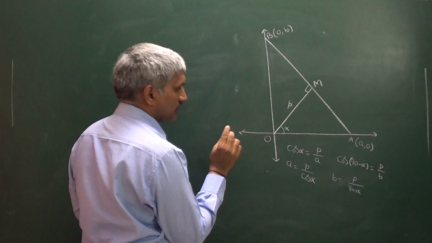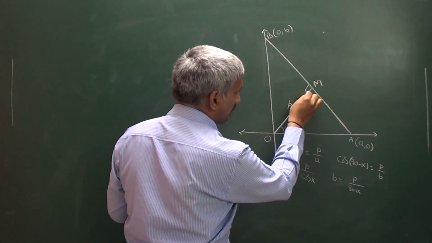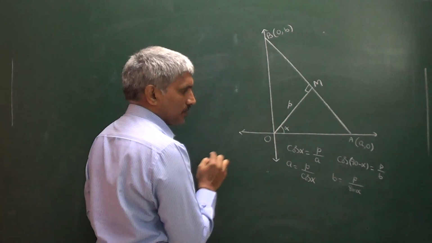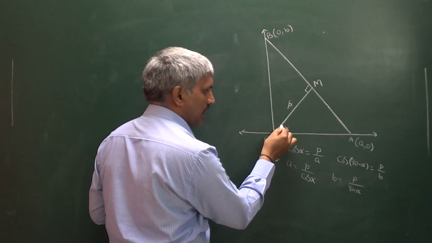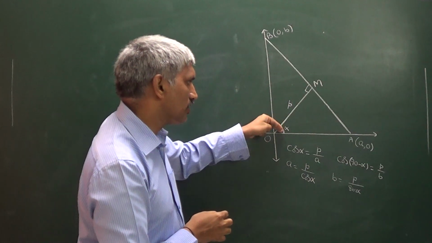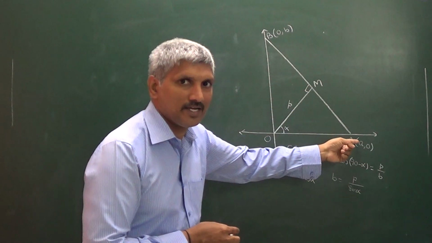The information given is that from the origin onto that line, the perpendicular distance is P, and this normal makes an angle alpha with the x-axis. When these two pieces of information are given, how do we find the equation of this line?